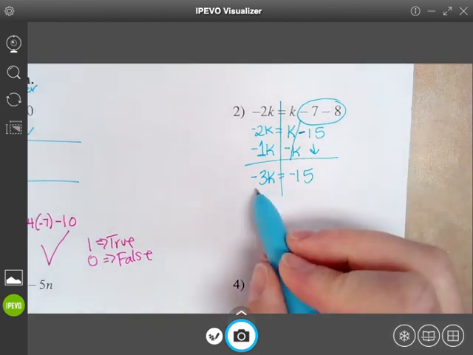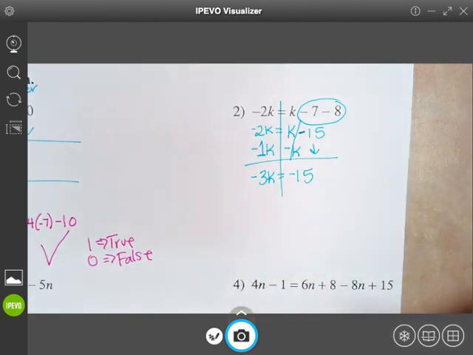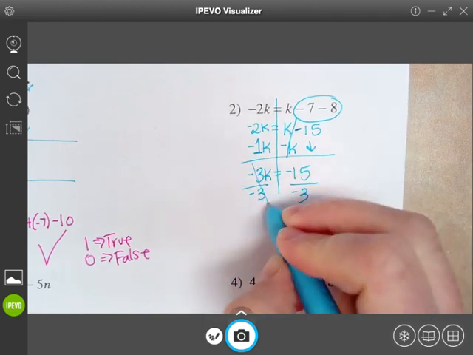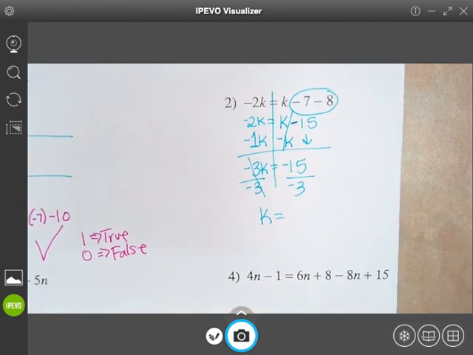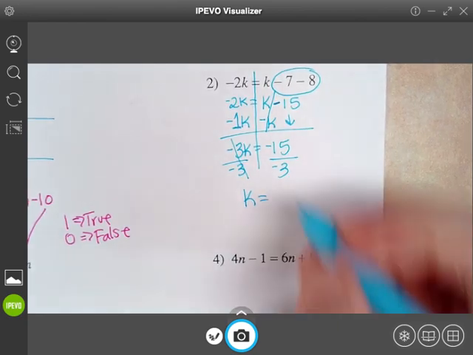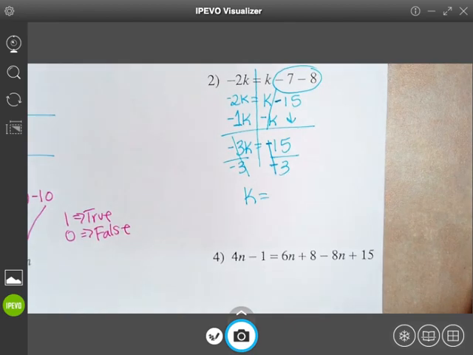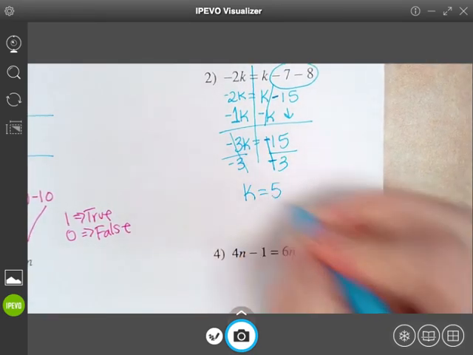Okay. And then what's the last step? Divide by the -3. Yep. Negative and negative actually cancel each other out, becoming positive. If I have 15, I divide by 3, I get 5.